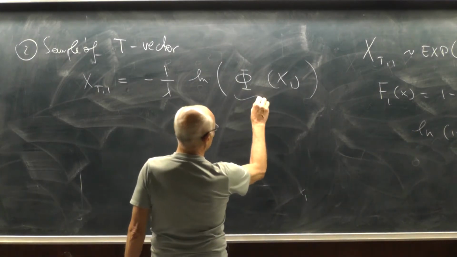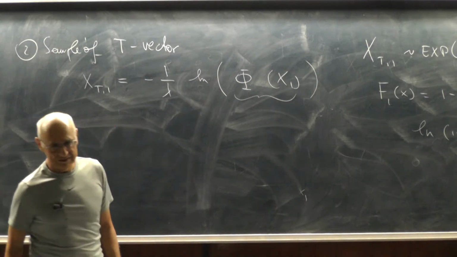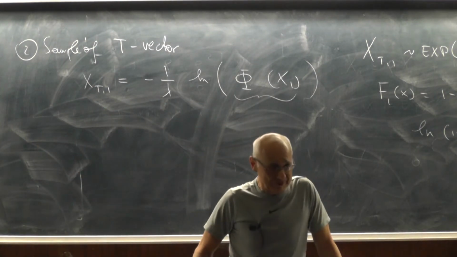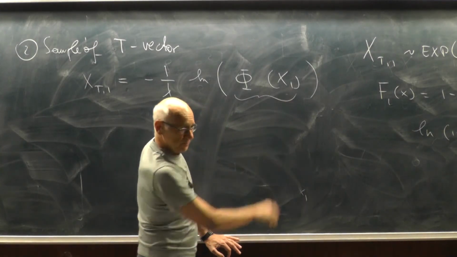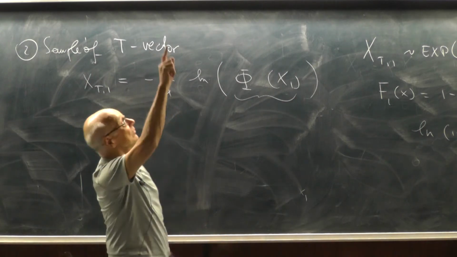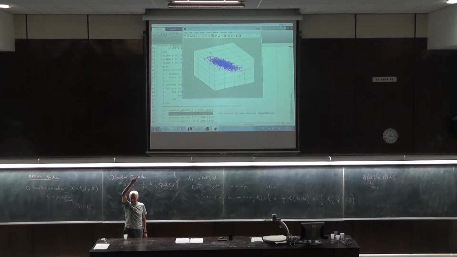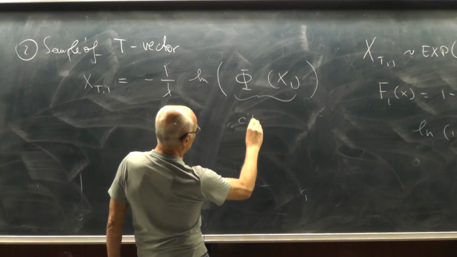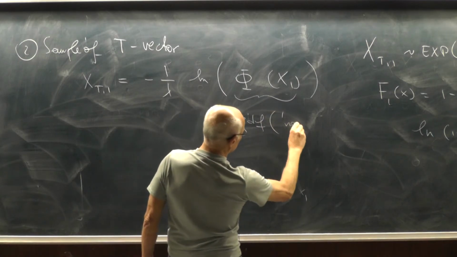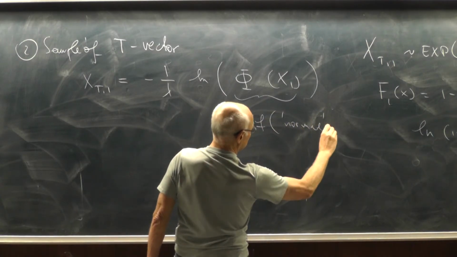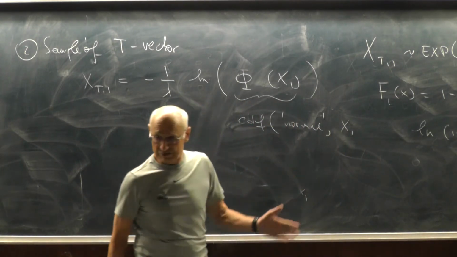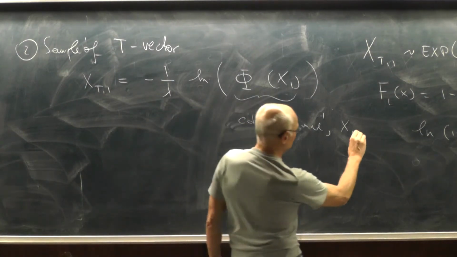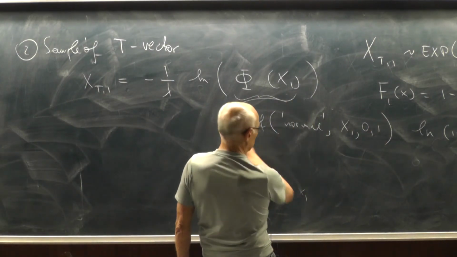Now you may wonder how we do this. Well, it's not a big deal. Again, MATLAB comes to the rescue. You take the sample x1, the first coordinate of the z samples which are still on the board, and you do this function, CDF, normal, of x1, and indicate that the mean is 0 and the variance is 1.